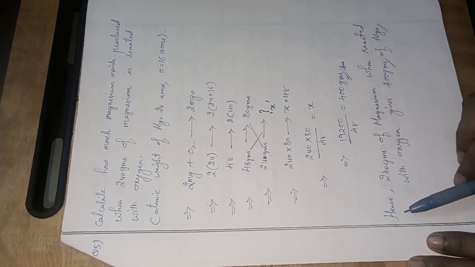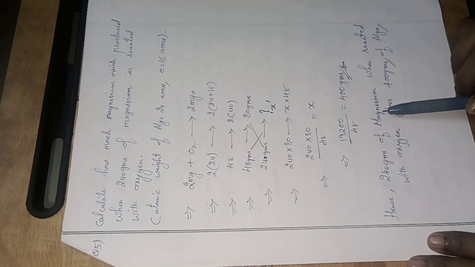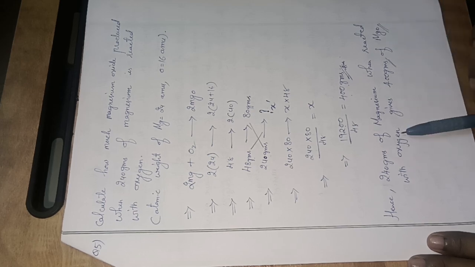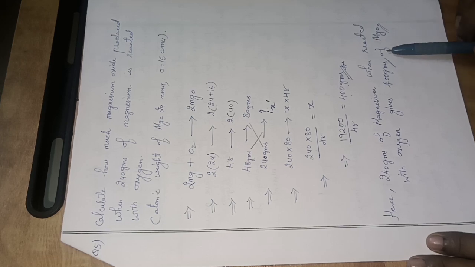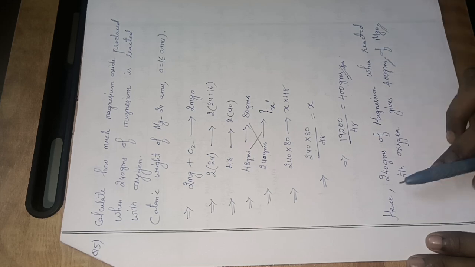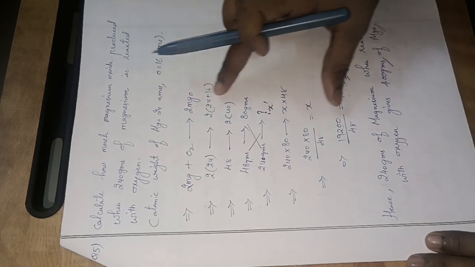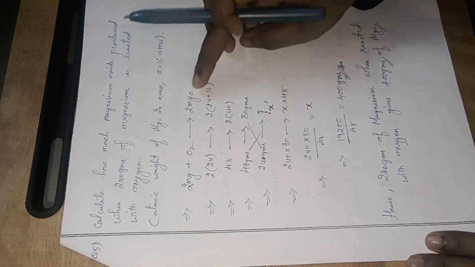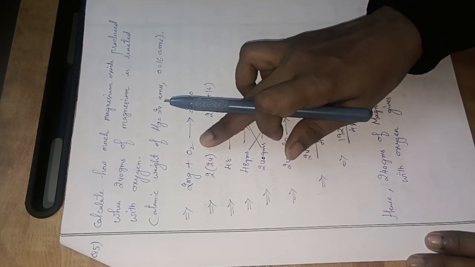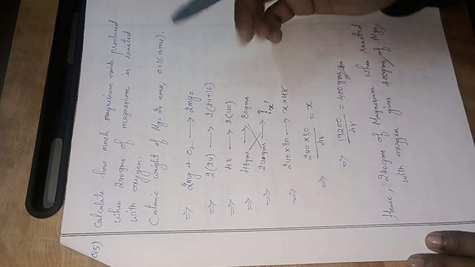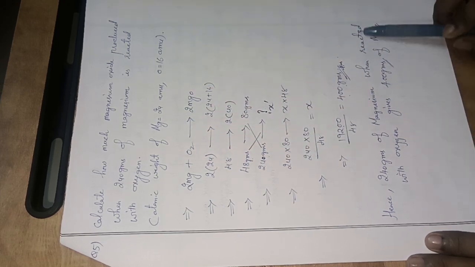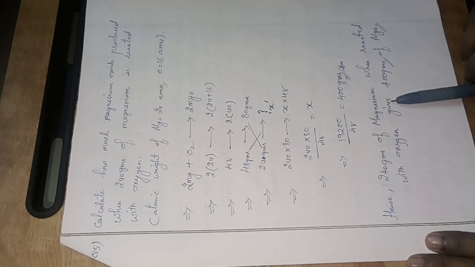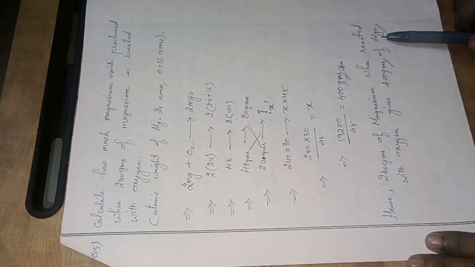Hence 240 grams of magnesium when reacted with oxygen gives 400 grams of magnesium oxide. At last you have to write this statement when you solve with the help of a reaction or equation. This is the chemical equation between magnesium and oxygen, and at last, 240 grams of magnesium when reacted with oxygen gives 400 grams of magnesium oxide.